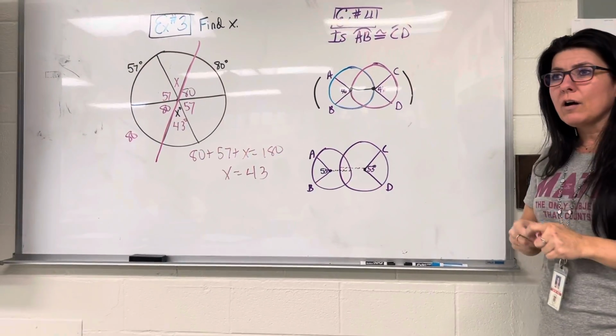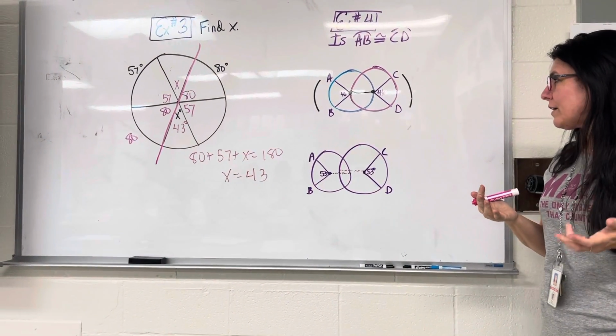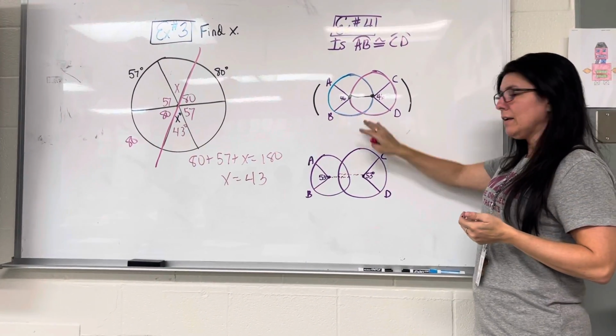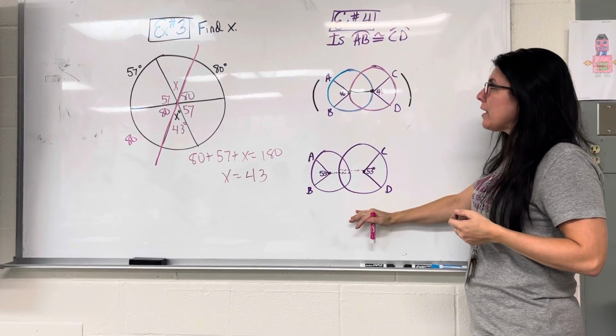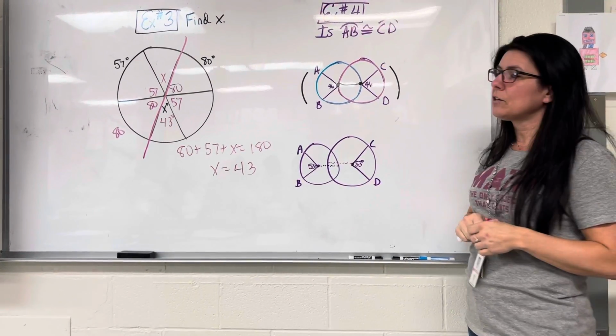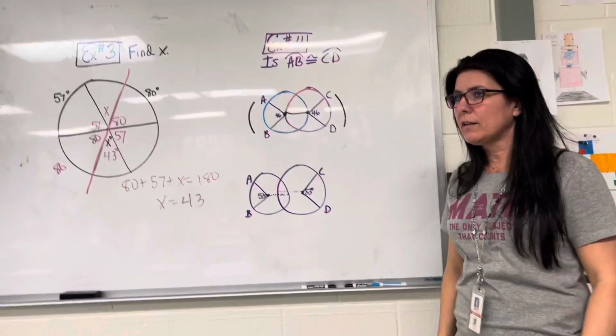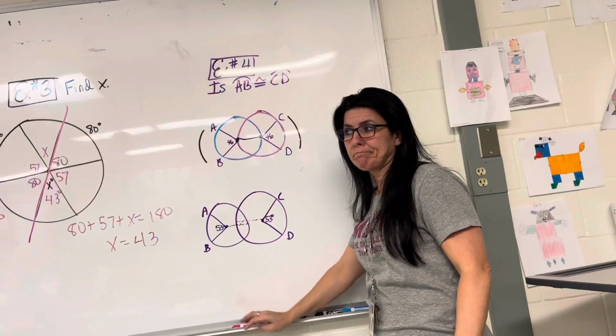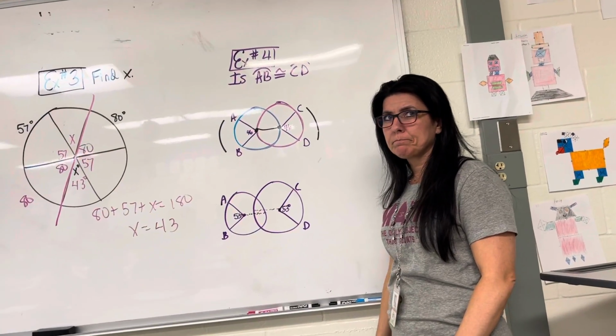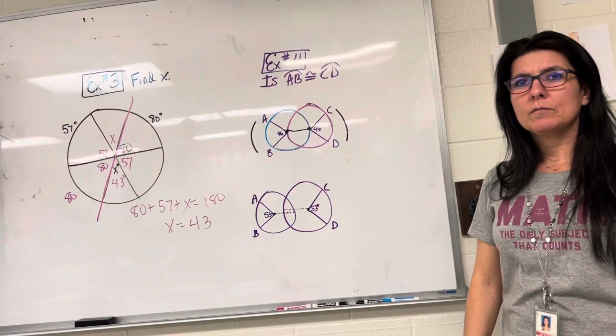Now these are hand drawn, but again, there's no way to verify it. This we could easily verify. This one we cannot. So this one we can say that it is not congruent because we don't know enough, or it's just not congruent. Does that make sense? Okay. No, that's okay.